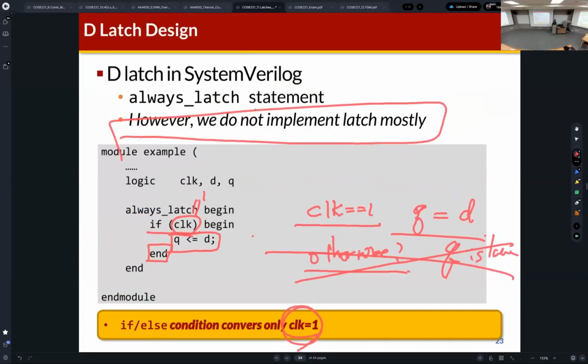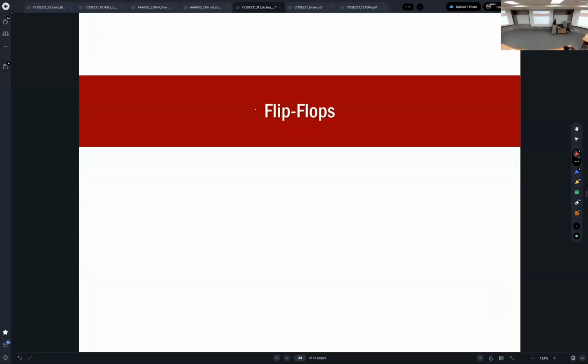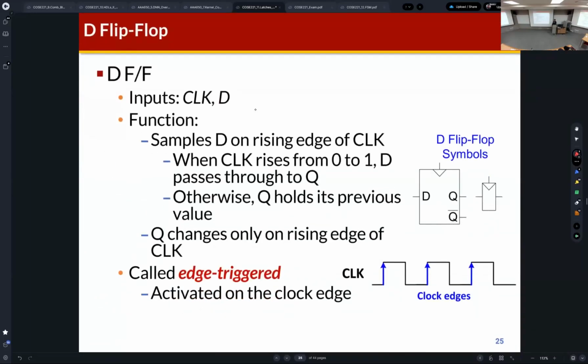Okay, so now let's learn about flip-flops. It's a new circuit, and actually we frequently use flip-flops. Let's see why. We will learn about the D flip-flop.